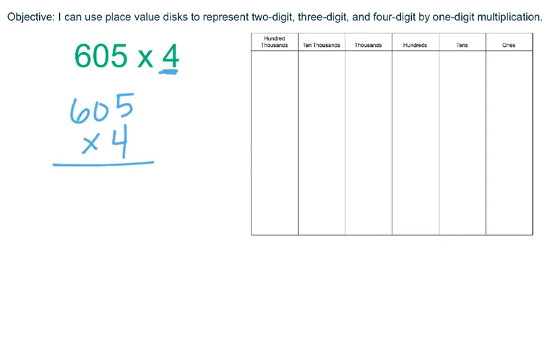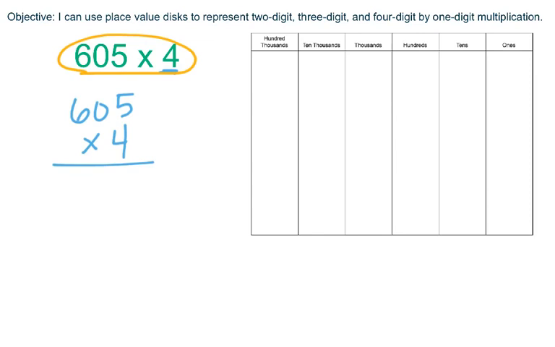I am going to start by showing the problem in the place value chart, and then I'll check my work with my multiplication problem. The first thing I'm going to do is represent this equation in the place value chart. The easiest way is to start with my biggest number, 605, and show it using place value discs.